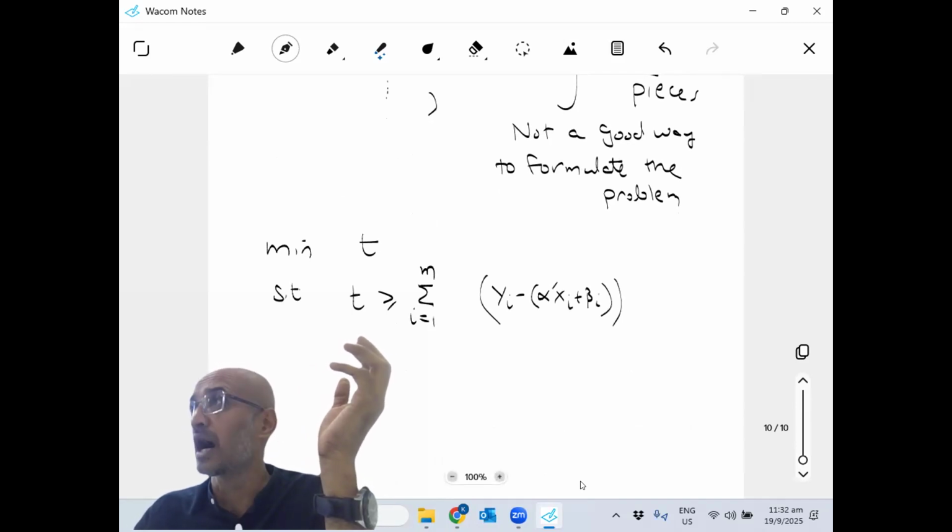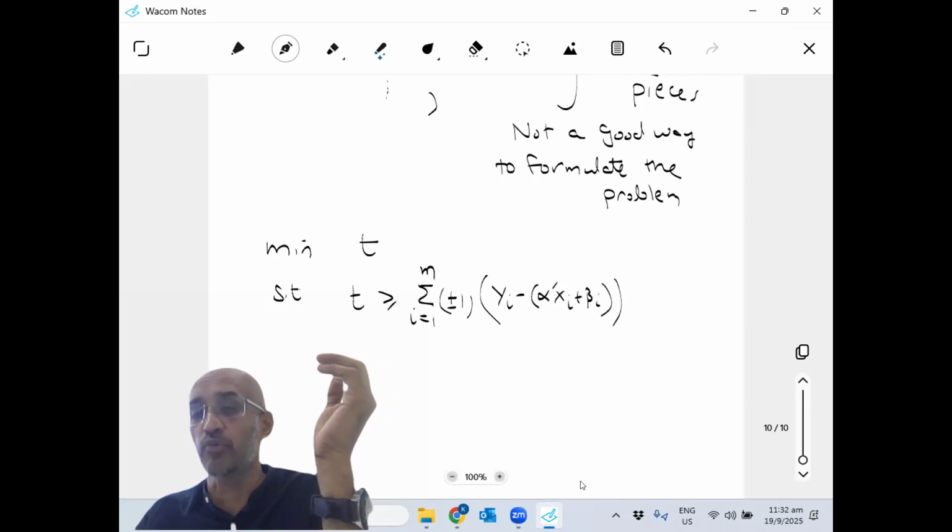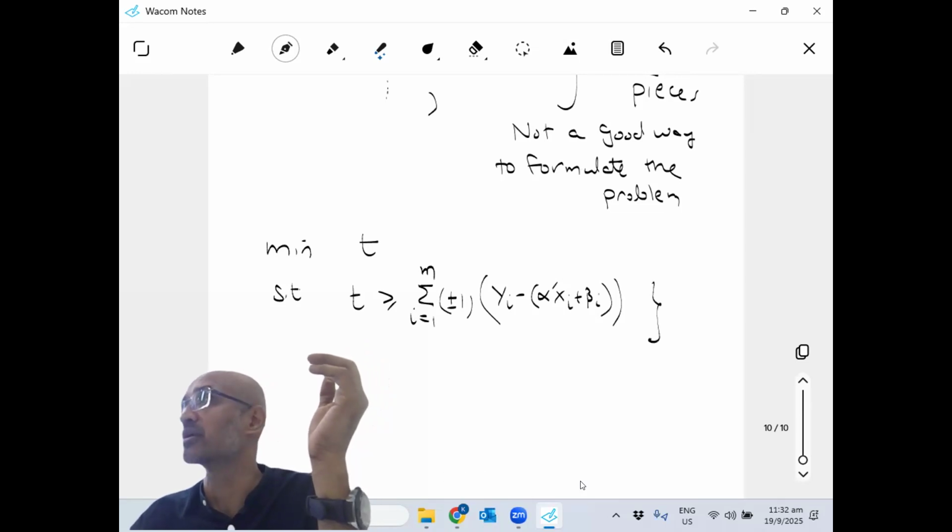Except here, there will be a combination of plus and minus ones. Sometimes I'll put plus one, sometimes I'll put minus one. I'll do this 2 to the power n times, basically with all combinations.